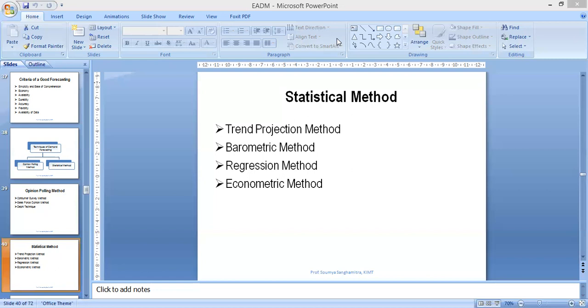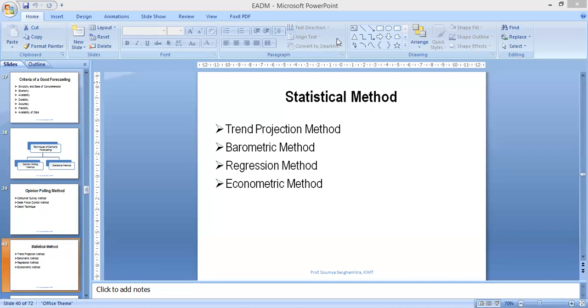Then our last method is the econometric method. Econometric model forecasting involves estimating several simultaneous equations, which are generally behavioral equations, mathematical identities, and market clearing equations. The econometric model technique is also known as the simultaneous equation method, the complete system approach to forecasting, obviously.